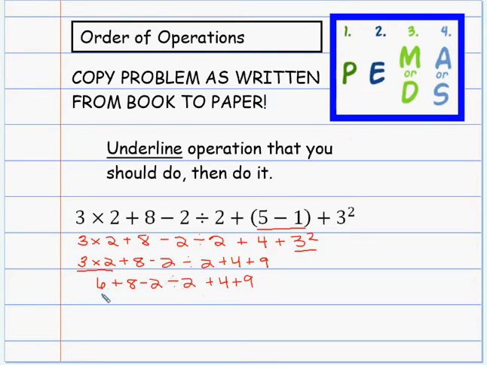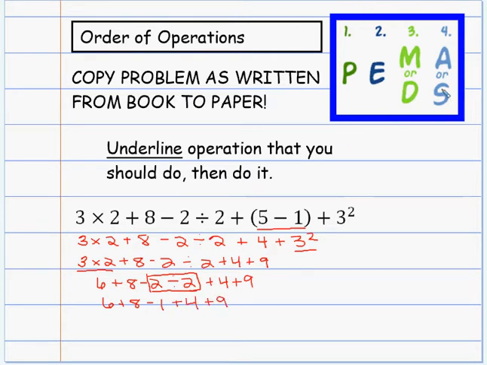Still on multiplication or division, right there. So 6 plus 8 minus, and be careful because what you've underlined is this whole thing here, so you don't have a 2 to write down. It's just 2 divided by 2 is 1, plus 4 plus 9.